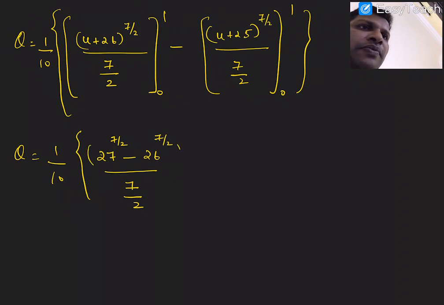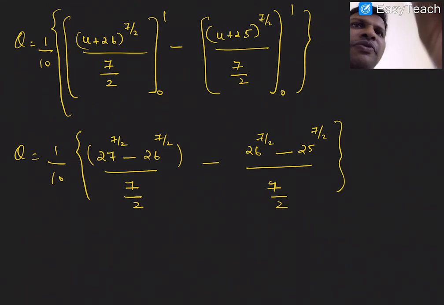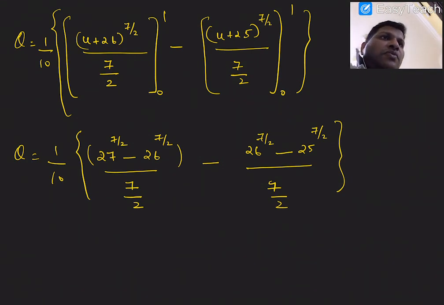Just put the limit, then minus again 7 over 2 is here, then if I put 1, then it becomes 26 to the power 7 over 2, okay, then minus 25 to the power 7 over 2. If you carefully observe this, this one is having a bracket, and you can clearly observe that there are two minus 26 to the power 7 over 2.